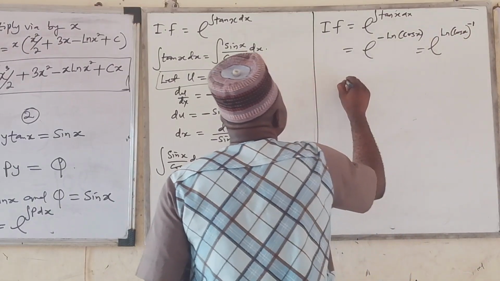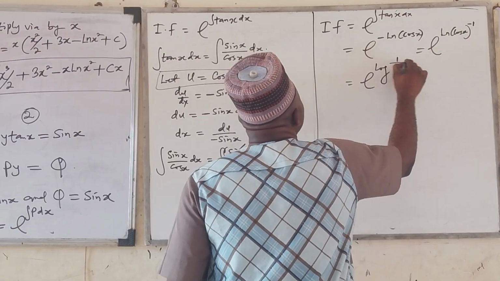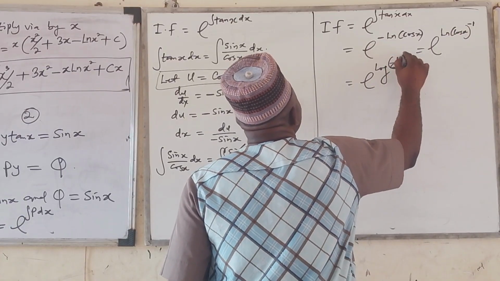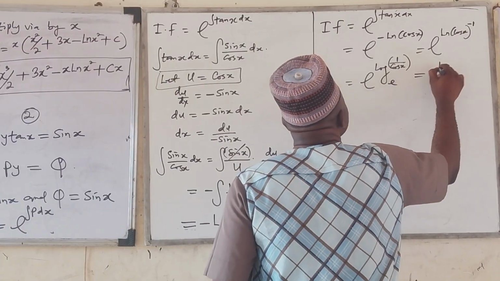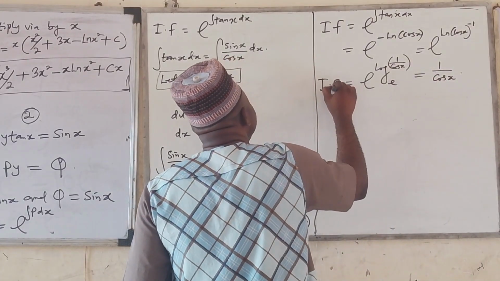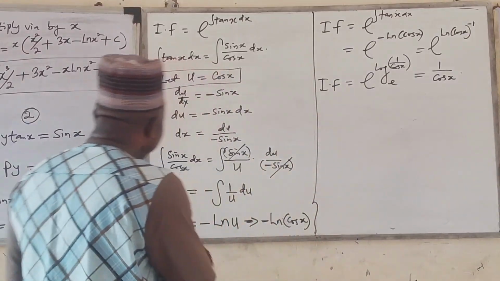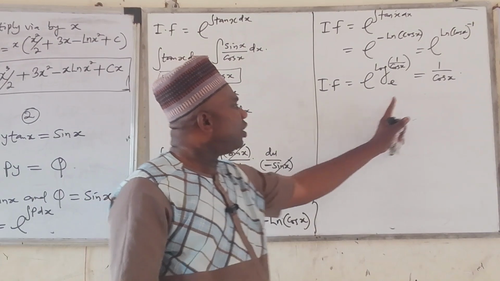That gives us e raised to the power of log of 1 all over cos x to base e. So this will give us 1 all over cos x. So this is the integrating factor, e raised to the integral of p dx.